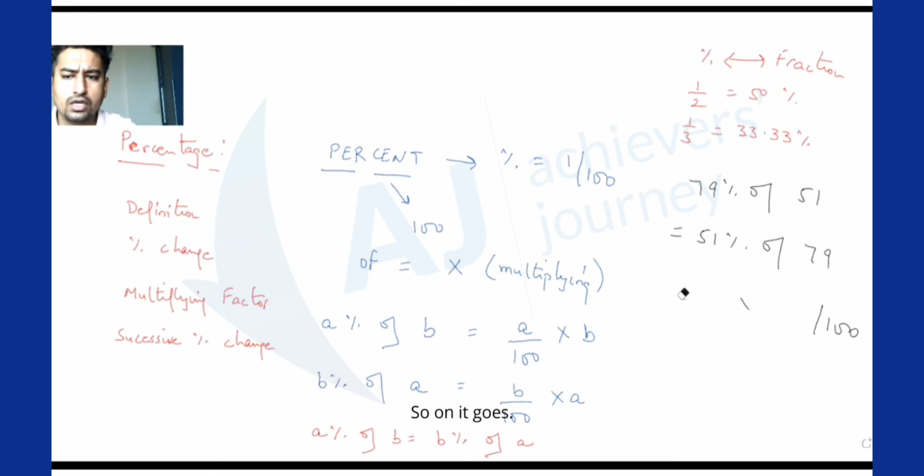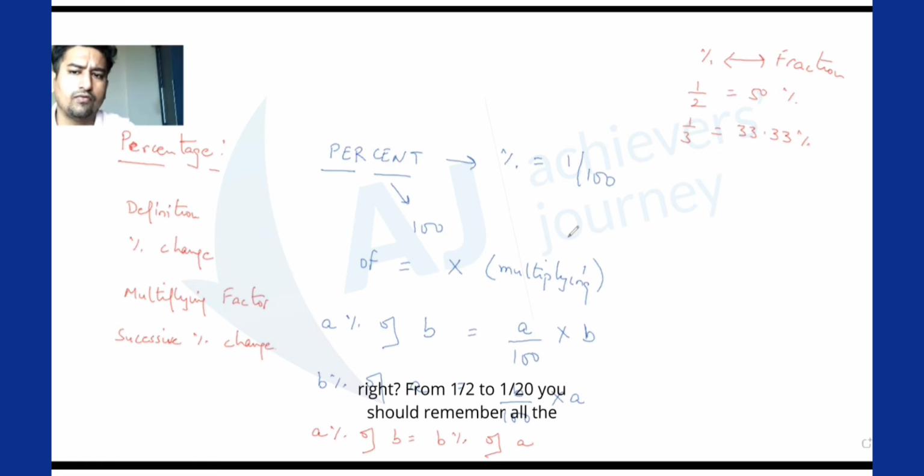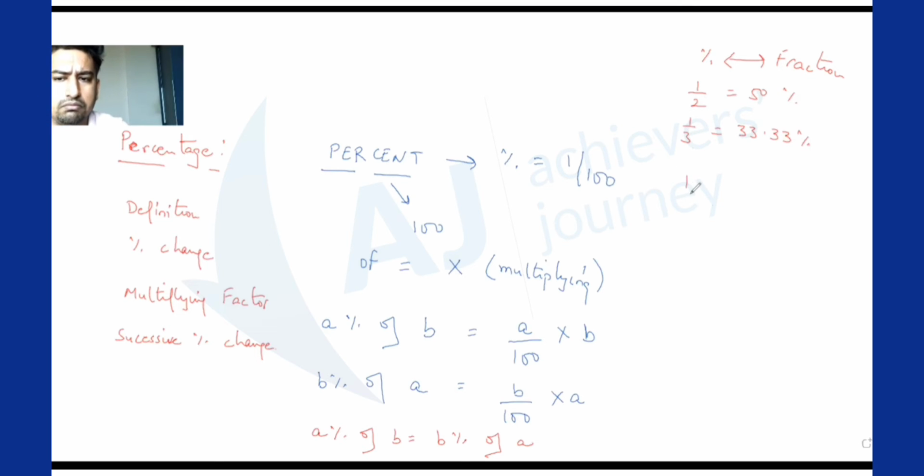So on it goes. You should at least remember from 1 by 2 till 1 by 20, right? From 1 by 2 to 1 by 20, you should remember all the percentage equivalents of fractions and fraction equivalents of percentages, right? 1 by 2, you should know it's 50% in percentage. 50% in percentage, you should know is 1 by 2 in fractions. Some of them are quite easy, but some of them are quite tedious.